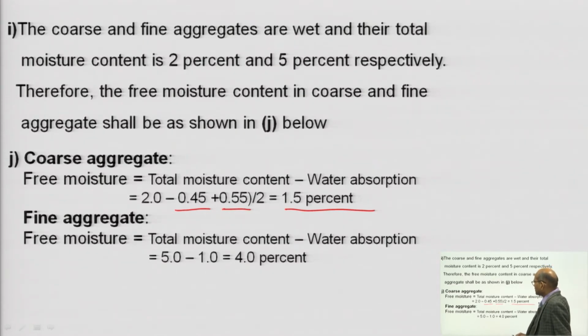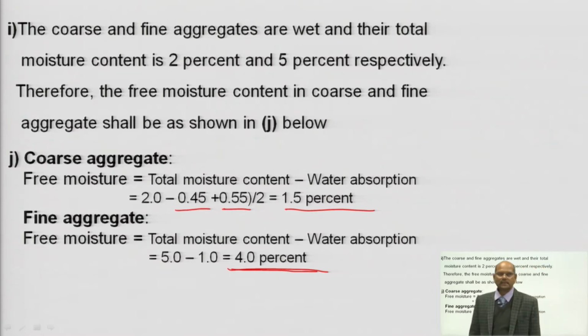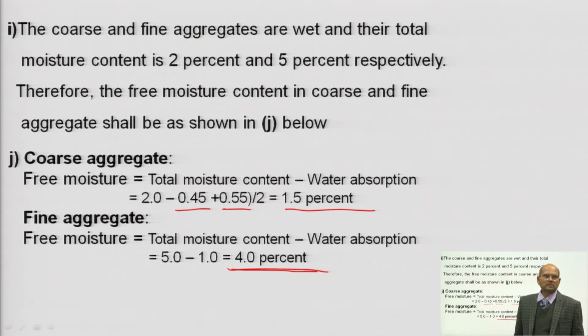Similarly, in fine aggregate, free moisture is total moisture content minus water absorption. 5% is the total moisture content and water absorption is 1%, so we subtracted and got 4% free moisture in fine aggregate and 1.5% in coarse aggregate. That we have to adjust after the water content we have calculated for surface dry condition.